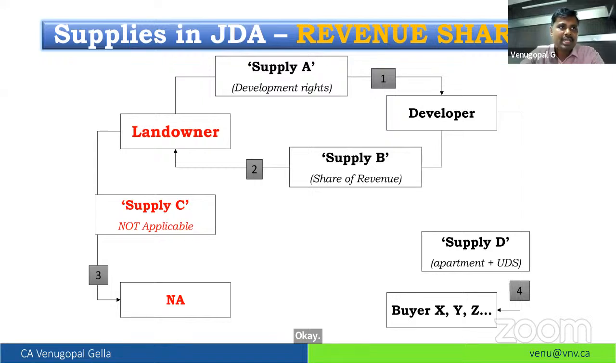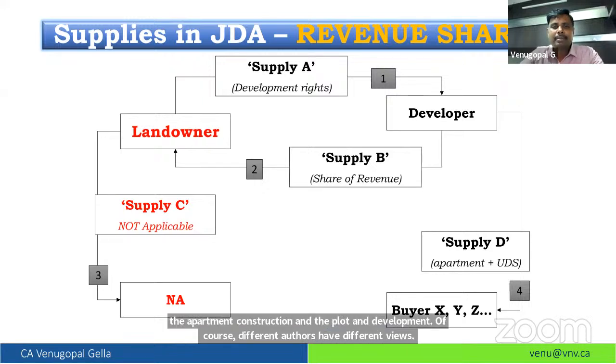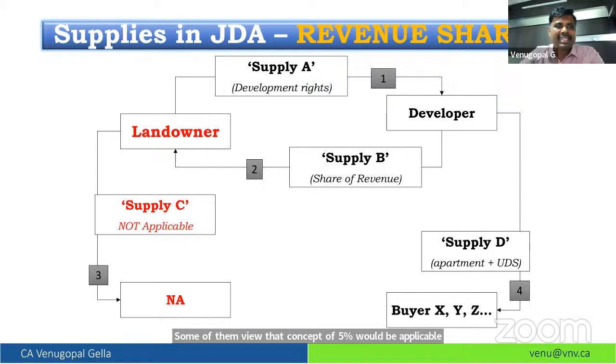Some view that the concept of 5% would be applicable in plotted development. But my personal view is that plotted development is akin to a works contract, where the developer comes in and takes up developing the whole layout. The right to develop on that land still continues, so all those plots have retained the original development right. So that taxation is completely different from the way we are seeing here.